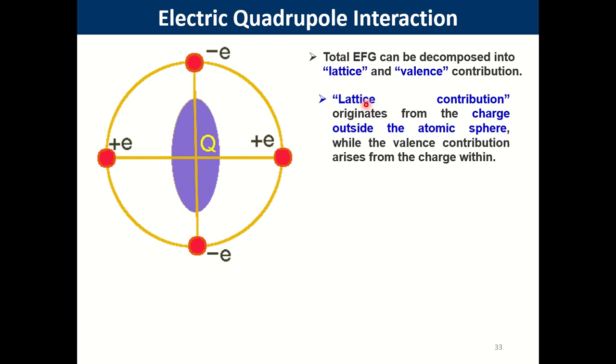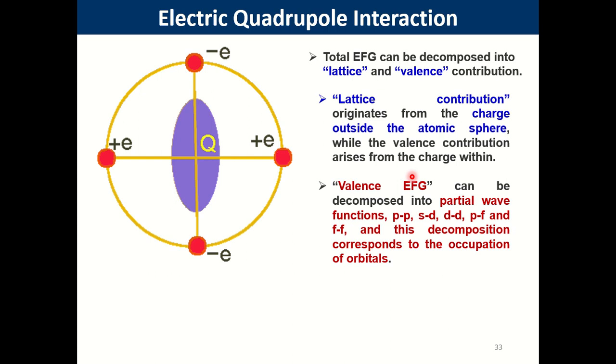So we have the lattice contribution called lattice EFG, and the electronic valence contribution within the atom, that is valence EFG.